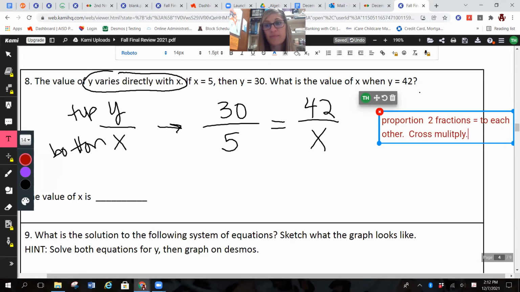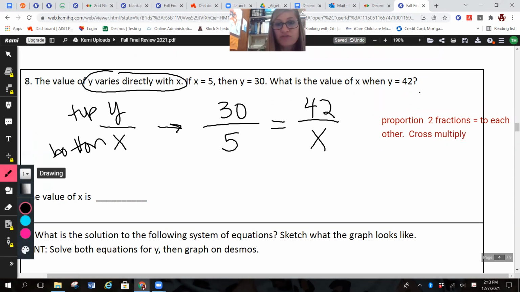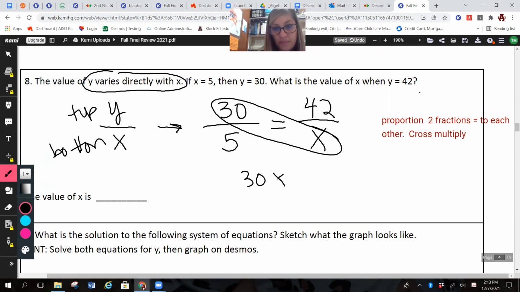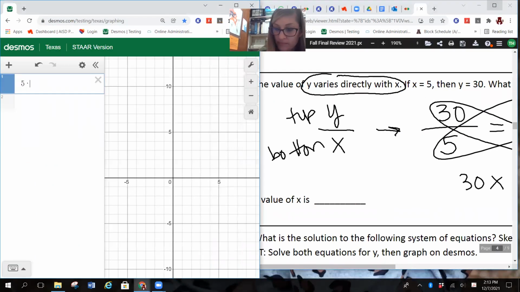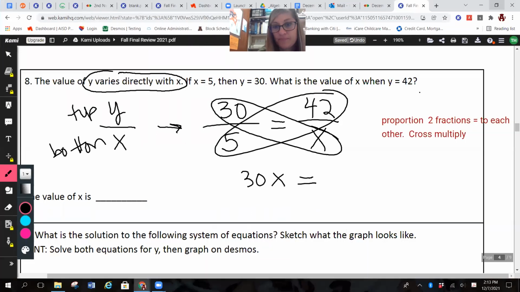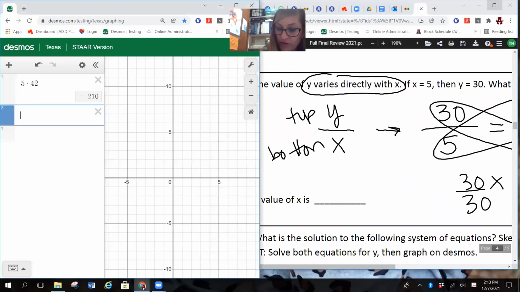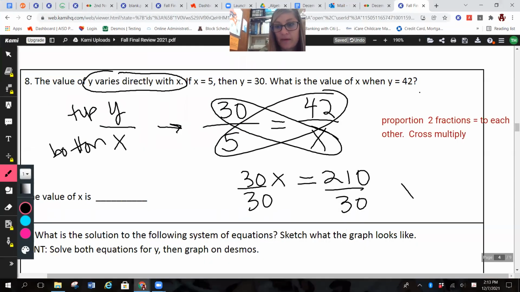Cross multiply. 30 times x, 5 times 42 is 210. Divide by 30. What's 210 divided by 30? It's 7. X is 7. The value of x is 7.